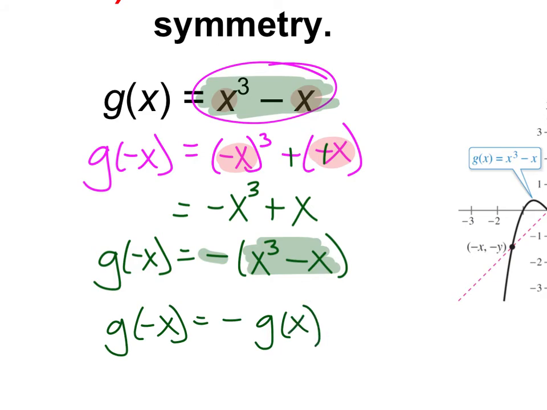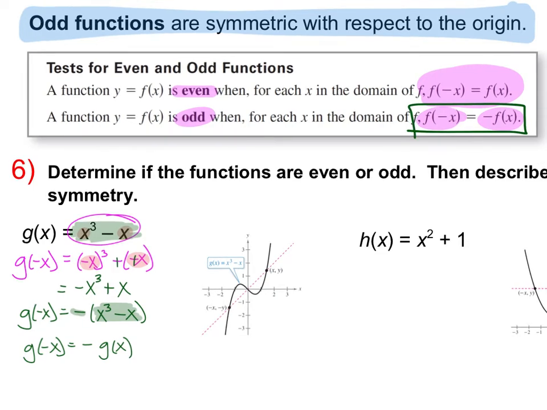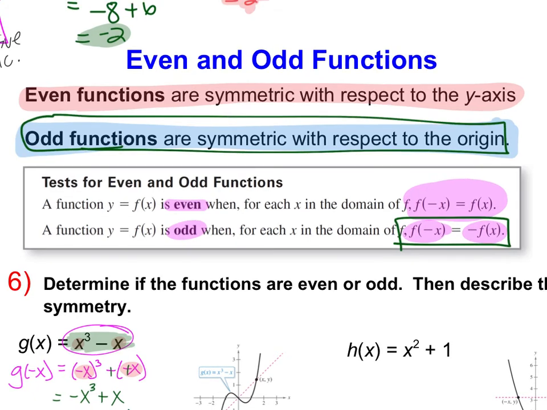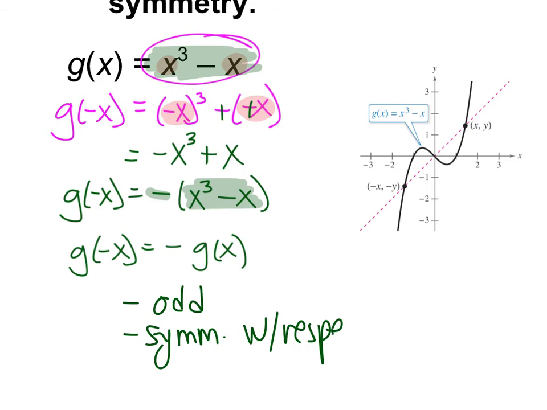And if we look back at our rule, that means it is an odd function. And odd functions are symmetric with respect to the origin. So if we answer this, this is an odd function, and it is symmetric with respect to the origin.